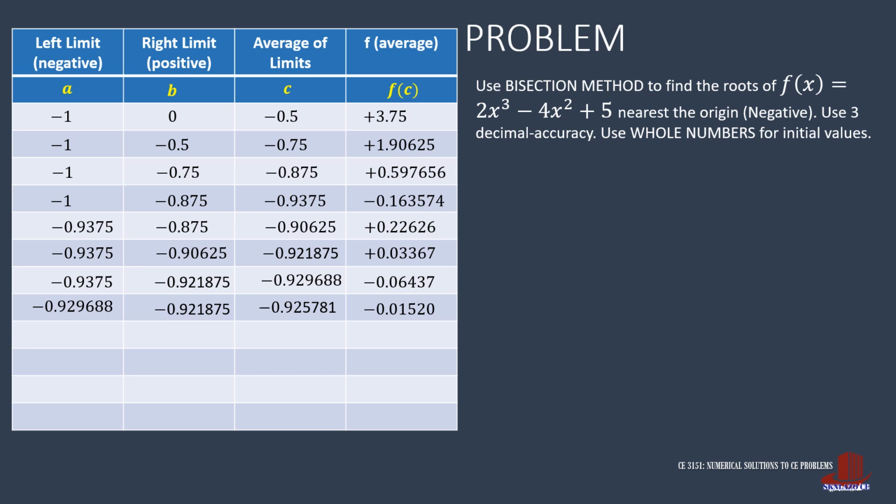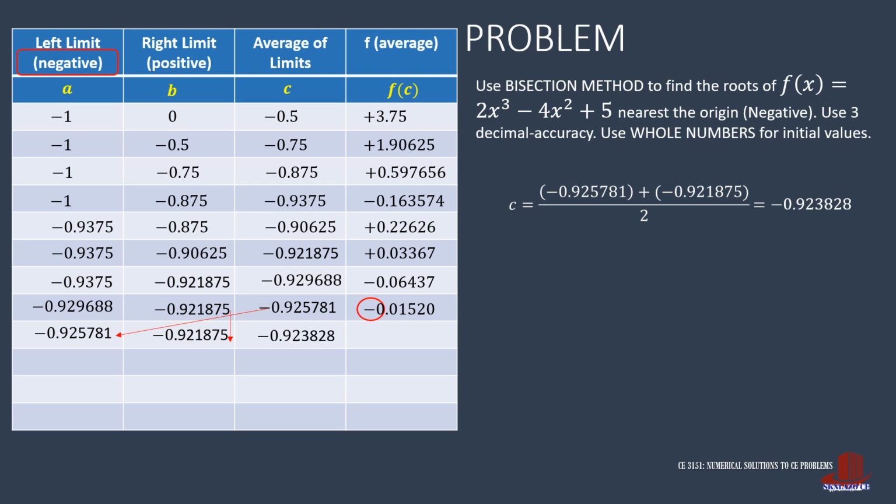For the next iteration, f of c being negative will help us realize that a should be replaced by negative 0.925781. b at negative 0.921875 remains the same. The average after which is computed as half of a plus b, which ends as negative 0.923828.